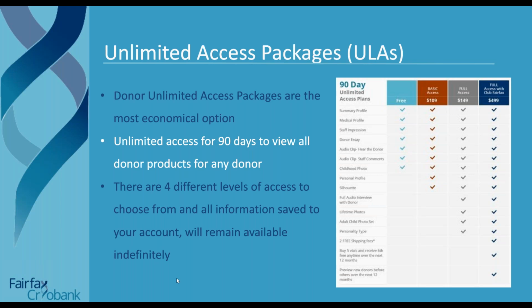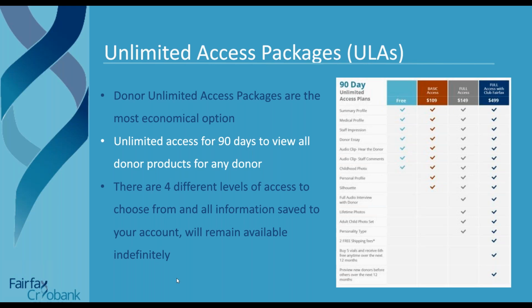There are 4 levels of access. So if you can see on the right-hand side, you'll see what the free items are, the basic access, the full access, and then also you see Club Fairfax. I know it looks like it's a really high price, but it's actually very beneficial and you get a lot of perks added onto that.